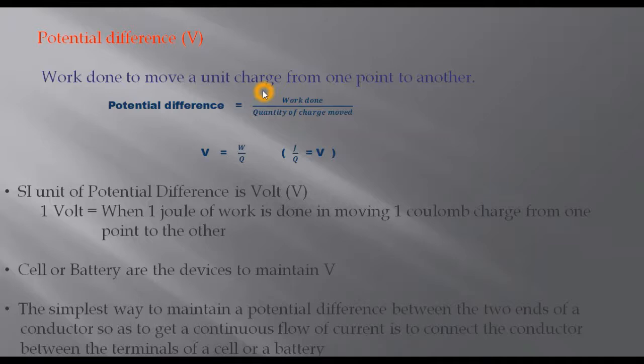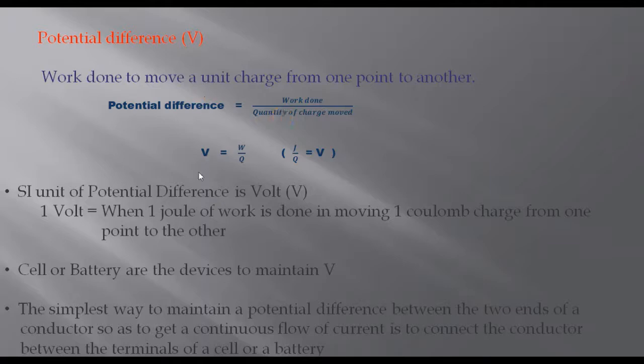That means the work done by a battery to move the charges from one point to another is known as potential difference. Potential difference is denoted by the capital symbol V. It is equal to work done divided by quantity of charge moved.